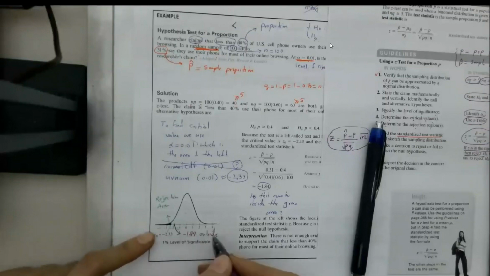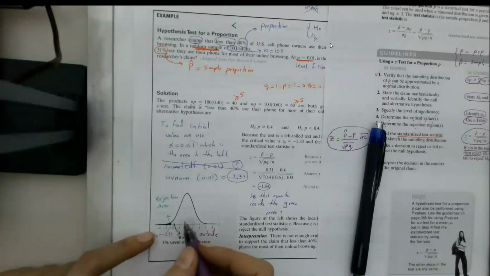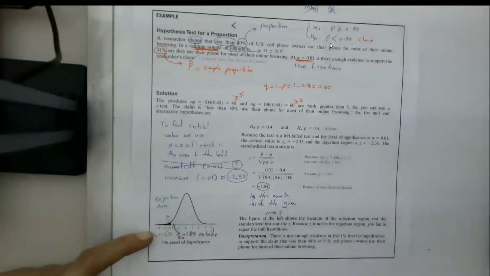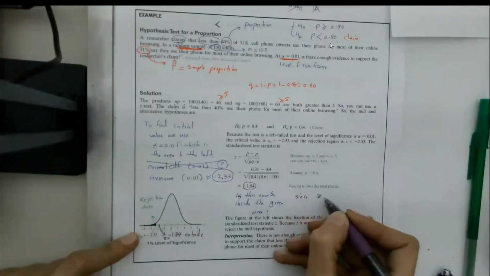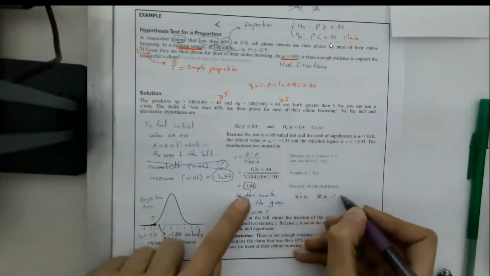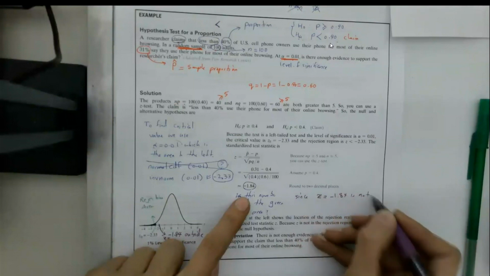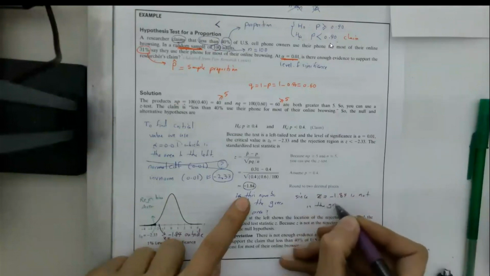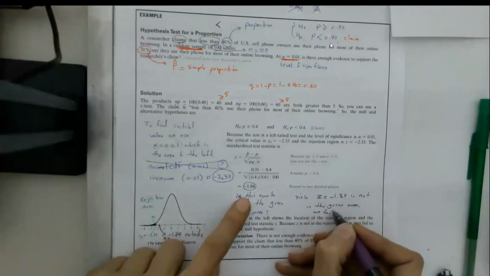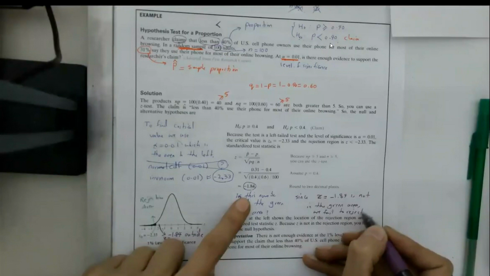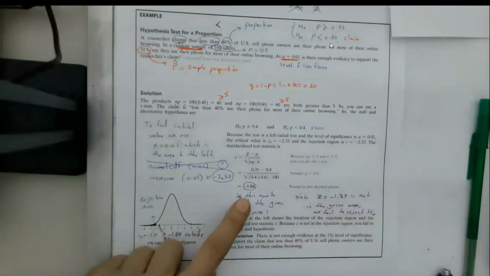Since z equals negative 1.84 is outside the green area, we fail to reject the null hypothesis.